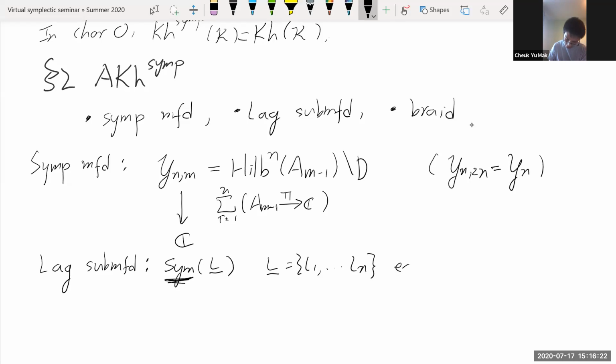And we need each L_i to be either compact or a thimble of the A_m Milnor fiber with respect to the Lefschetz fibration pi.